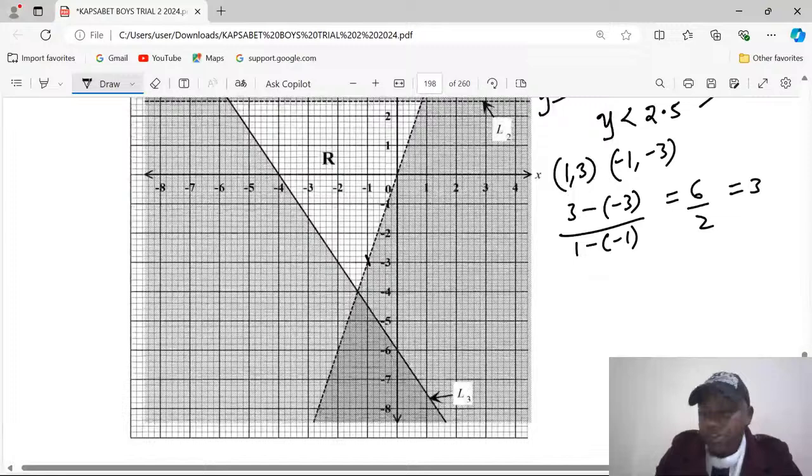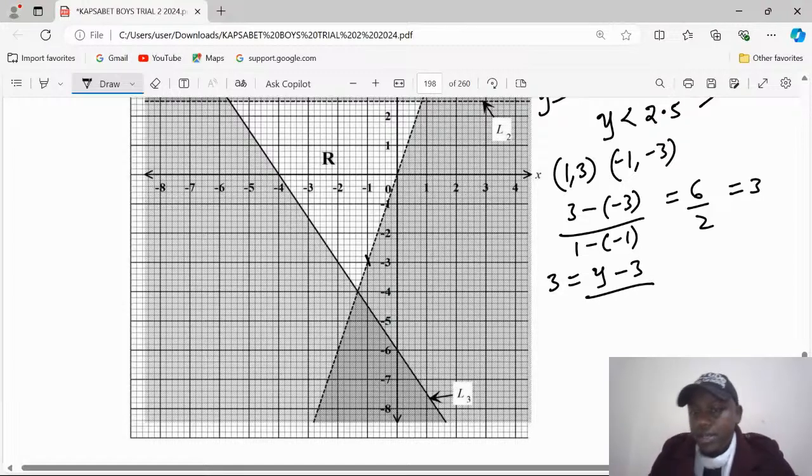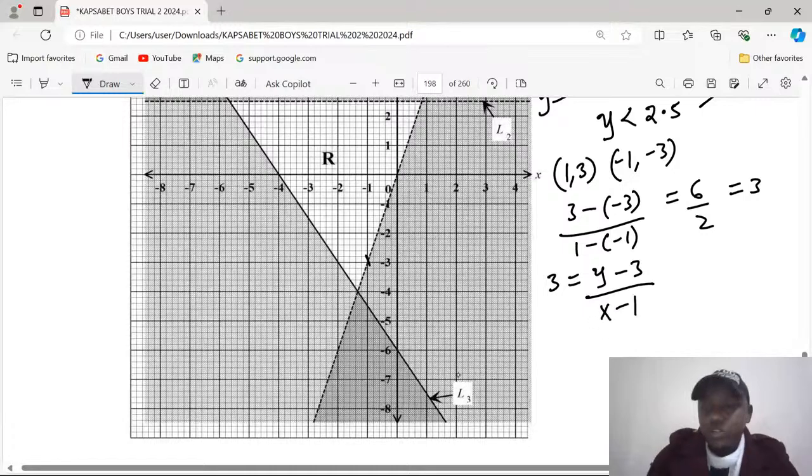With a gradient of 3, now we can see that y minus 3. I'm picking a coordinate (x, y) and one of the coordinates that we have picked, then x minus 1 across is going to give us y minus 3 equals 3x minus 3.